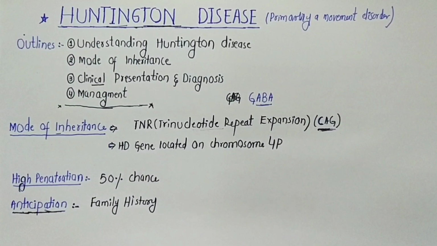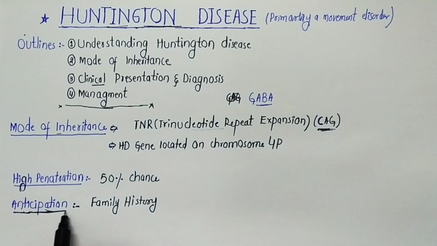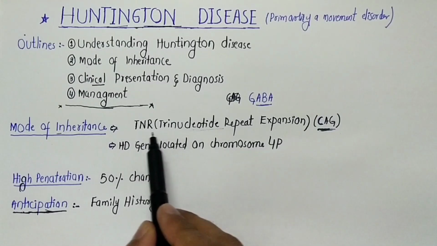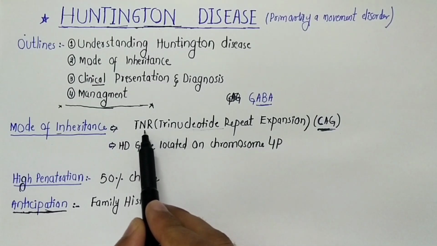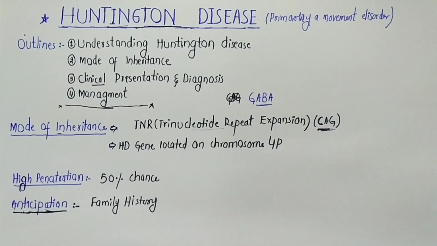There is another concept regarding Huntington disease which is called anticipation. Anticipation means that successive generations of parents who suffered a genetic disease, specifically one caused by trinucleotide repeat expansion, tend to have the disease occurring at an earlier age.